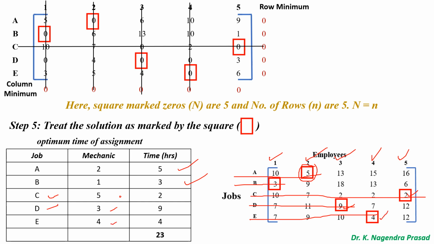Then the total optimal time assignment is 5 plus 3 plus 2 plus 9 plus 4 equals 23 hours. This is the solution, and thank you.